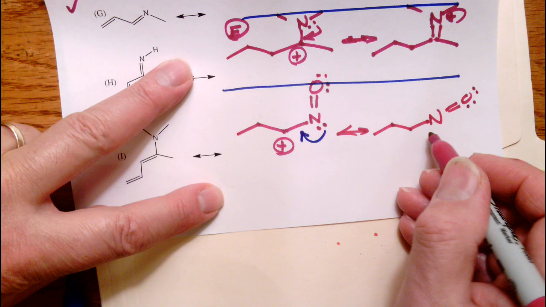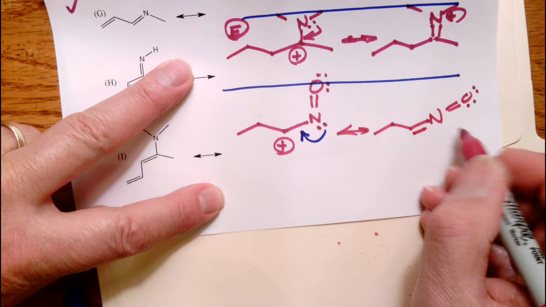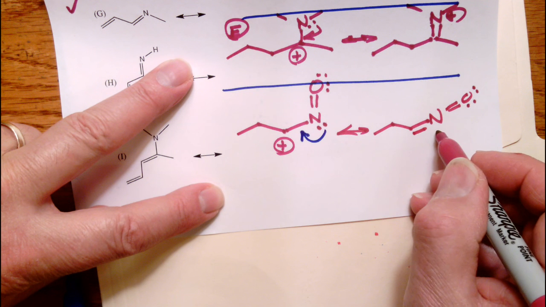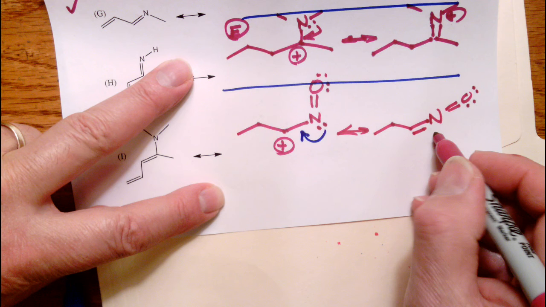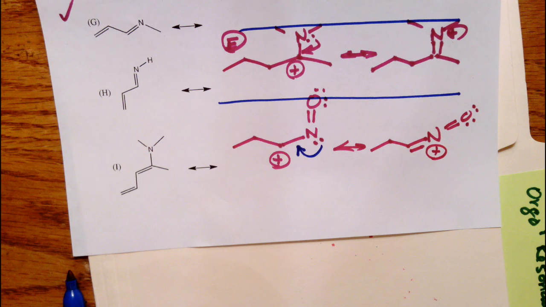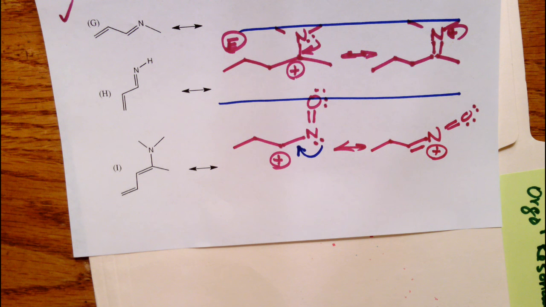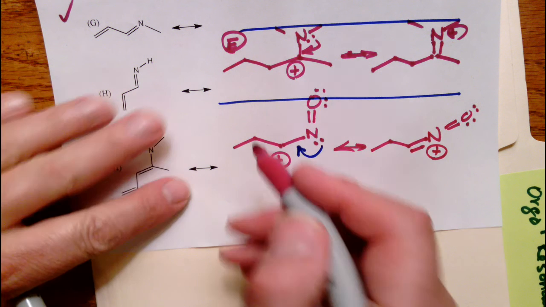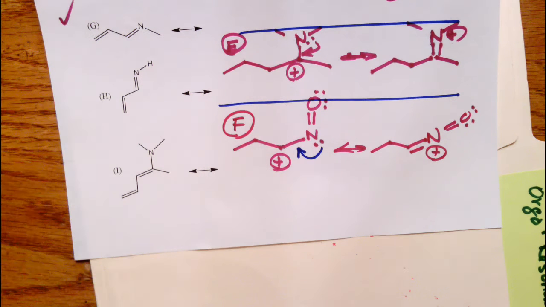Now nitrogen makes a double bond to this carbon. So the nitrogen now is going to be positive. This will be the resonance structure for part, oh, I forgot to write it down, part F or structure F. So we did these 3.